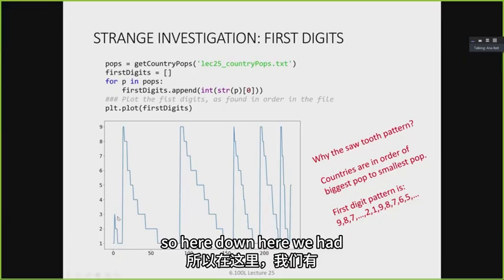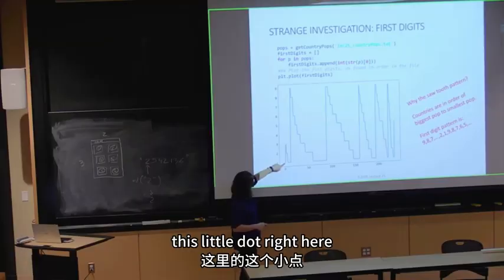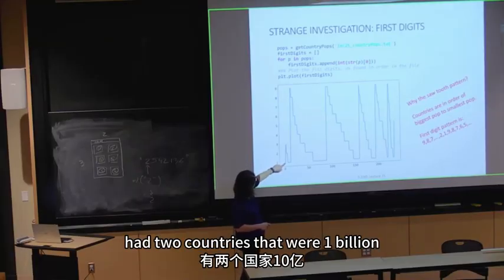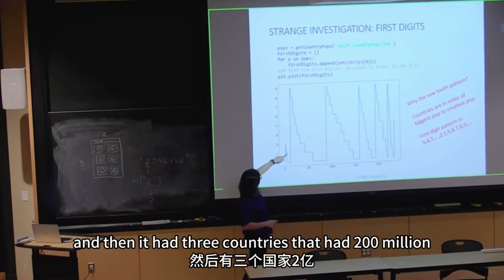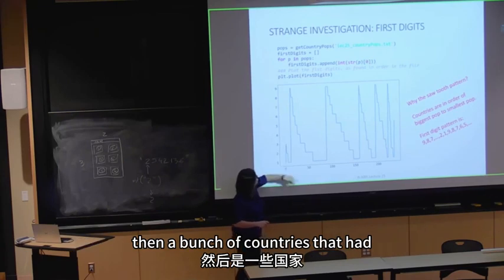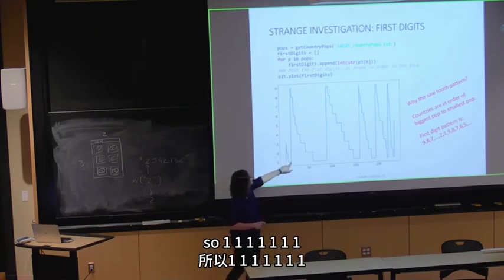So down here, this little dot right here had 2 countries that were 1 billion, so 1, 1, and then 1 country that had 300 million, and then 3 countries that had 200 million, then a bunch of countries that had 100 million something, so 1, 1, 1, 1, 1, 1, 1.